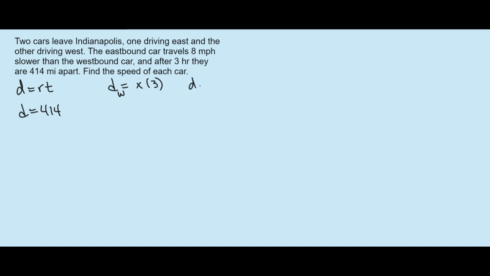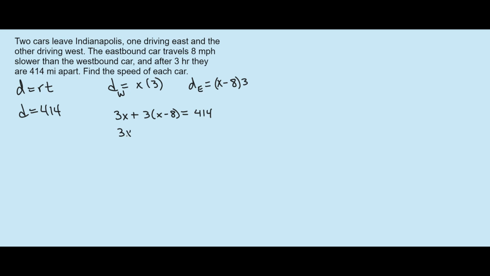The distance of the eastbound car is going to be 8 miles slower, so x minus 8 times 3 hours. So the distance of the two together equals my total distance. So I can do 3x plus 3 times x minus 8, and that's going to give me 414 miles, because the distance of one plus the distance of the other gives me the distance of the total.